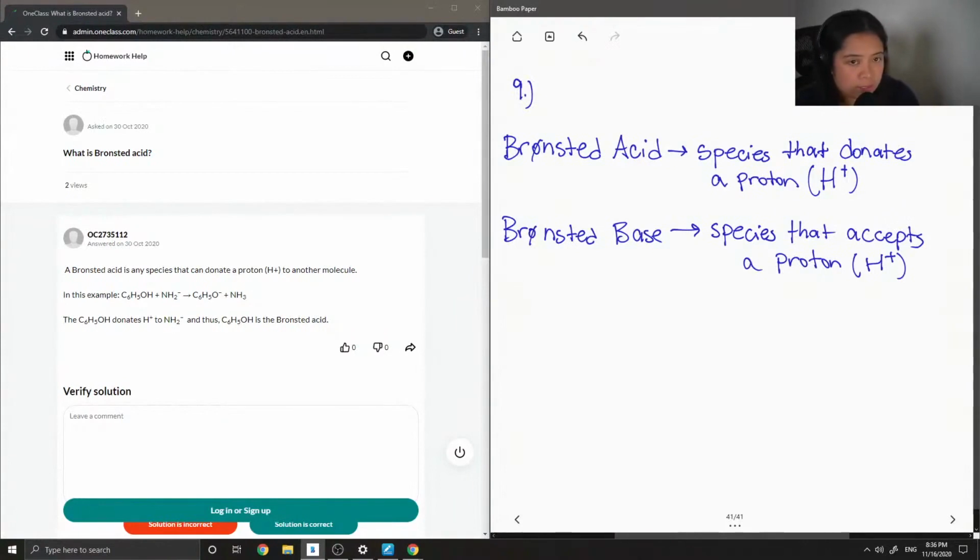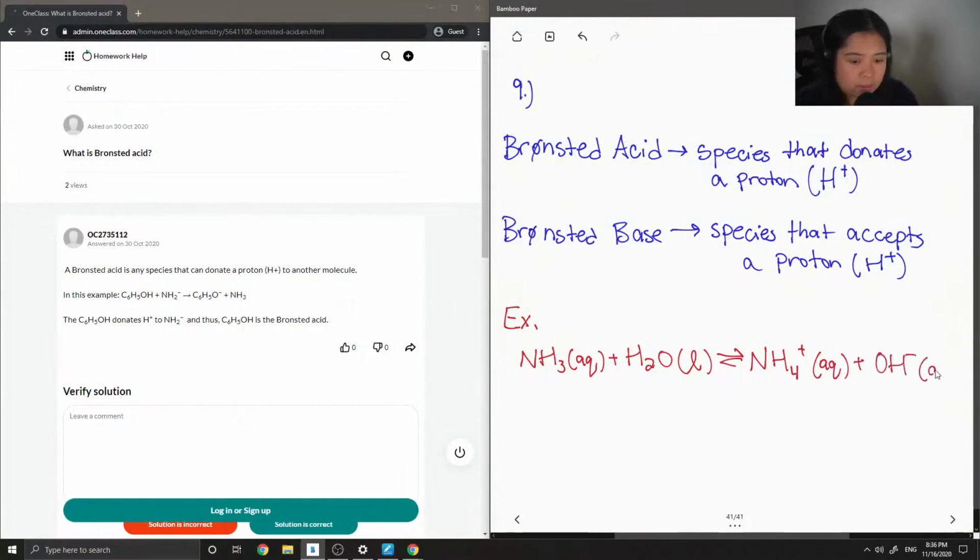Okay, so let's write out an example just so that we can label all the species of this reaction. Let's say we had NH3 plus H2O makes the ammonium ion plus a hydroxide ion.